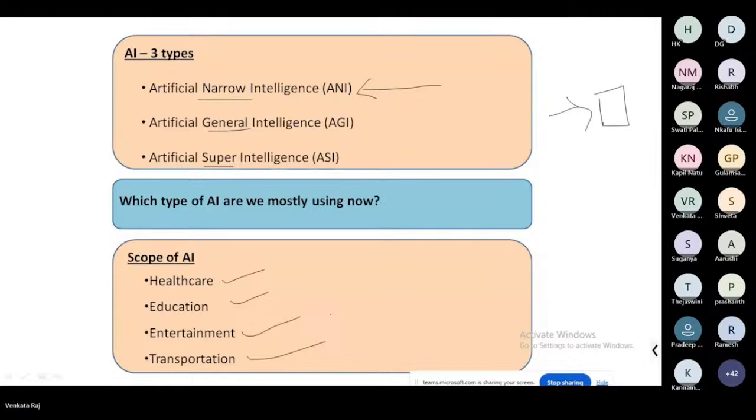Remember, AI is not going to replace human abilities, but it is definitely going to enhance our abilities. It is going to automate different tasks which are monotonous.